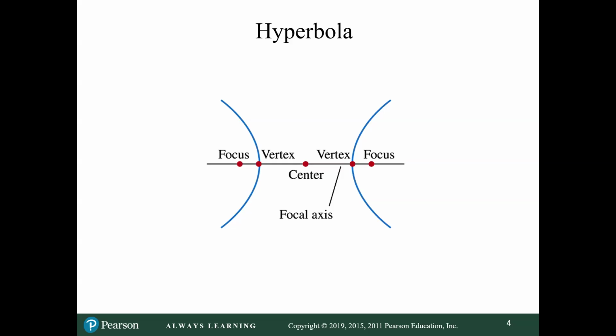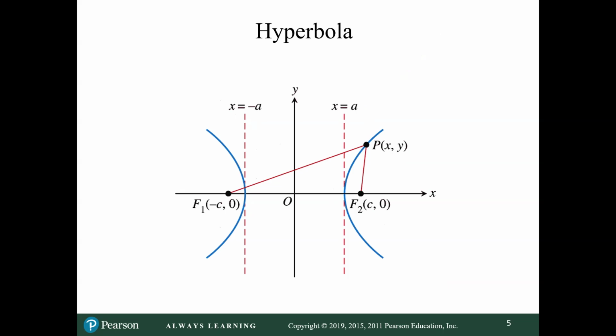Now, the easy part is once you get them figured out, because there are a couple of asymptotes that go through the center, and the hyperbola wraps and goes close to the asymptotes.